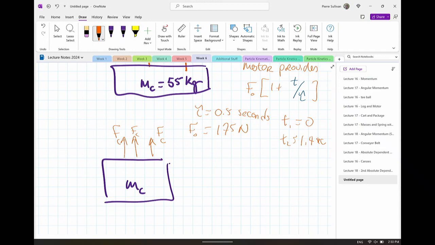So instead of drawing a diagram with this, and then this, and then this, I'm going to combine that part of the diagram into one and say, okay, I've got 3FC going up, and I have weight acting downward.